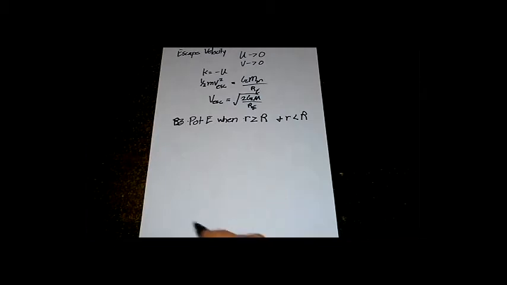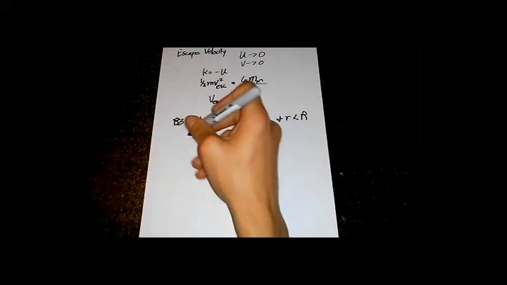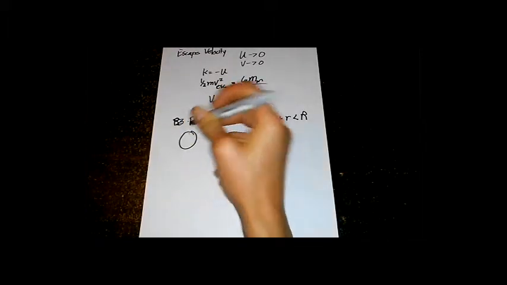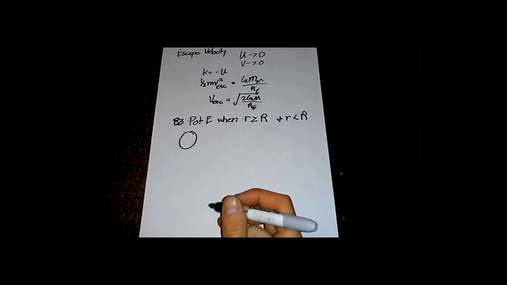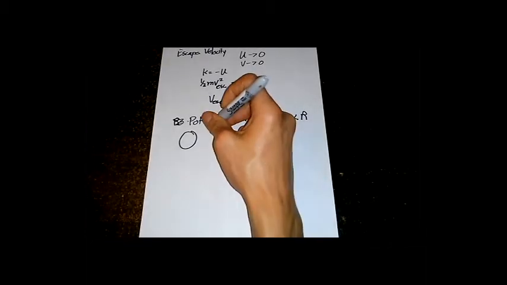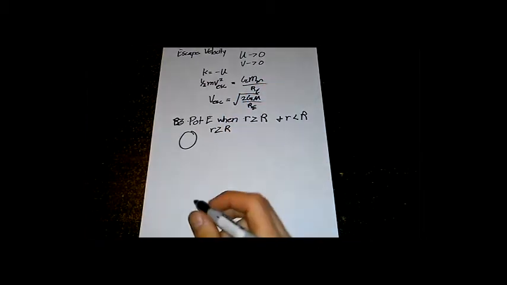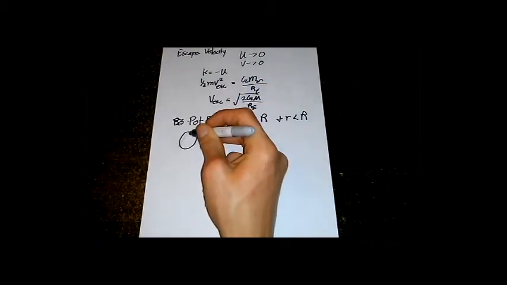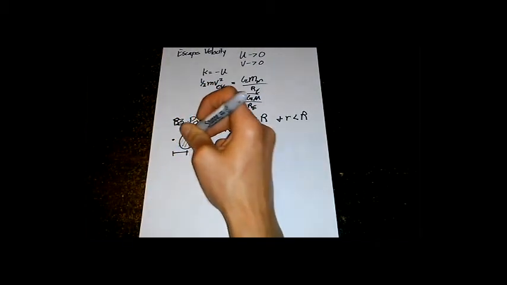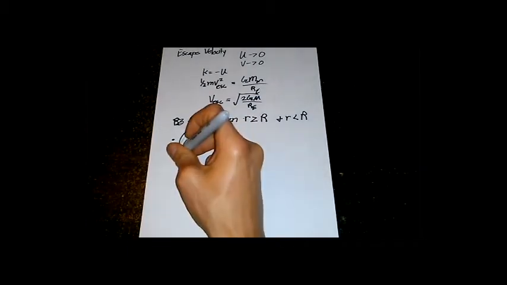So we're going to do this for two different types of planetary bodies. I guess one doesn't really exist as a planet, but the first being a solid planet. So when r is greater than or equal to big R for a solid planet, this is you on the outside, and here's the center of that planet.